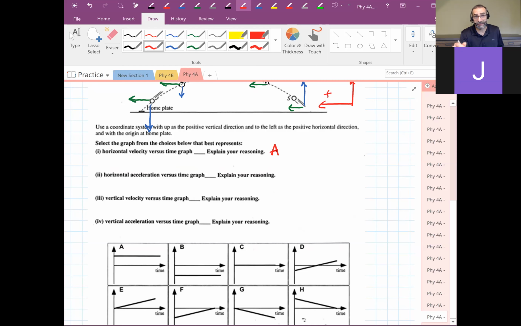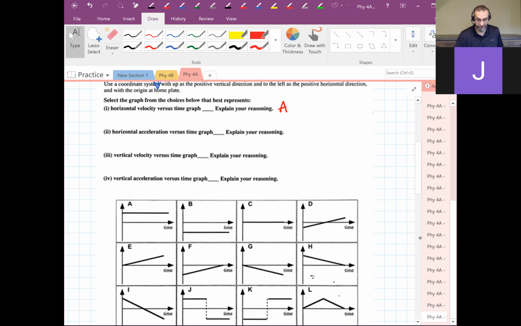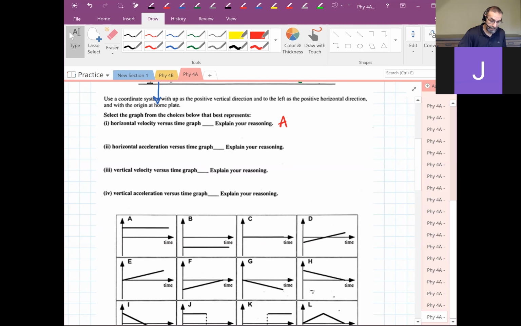And if that's the graph that represents horizontal velocity versus time, which graph represents horizontal acceleration versus time? It would be the derivative of that, right, or the slope of that. So that would have to be C. There's no acceleration at all. 0 acceleration in the horizontal direction.